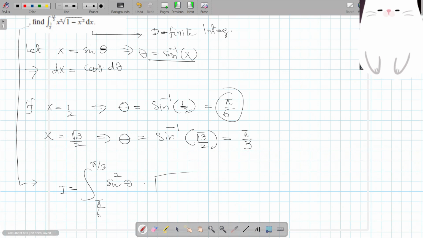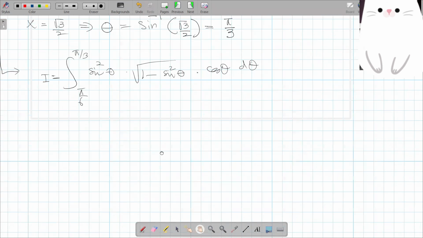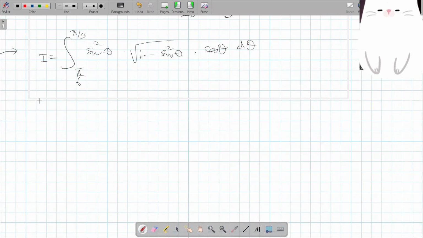Square root of 1 minus x squared means square root of 1 minus sine squared theta, and dx is equal to cos theta d theta. Everything is in terms of theta. If you have any questions, you can ask right now. We converted x in terms of theta and also found limits on theta. And now we will proceed with this integral.